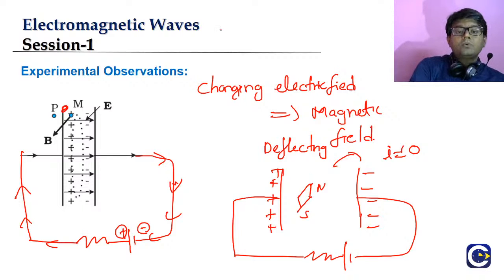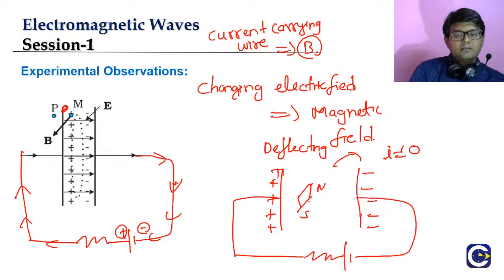But what we know so far is, if there is a current carrying wire, it can produce a magnetic field, and this magnetic field can deflect the needle. But in the region between the two plates, there is no current passing through, which means there should not be a magnetic field. But what is observed is, in fact, there is a magnetic field.